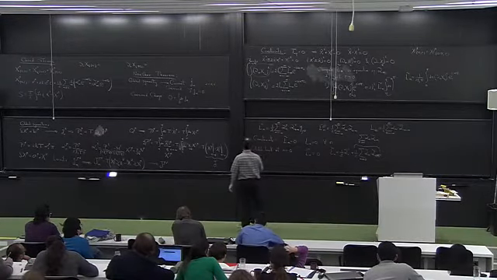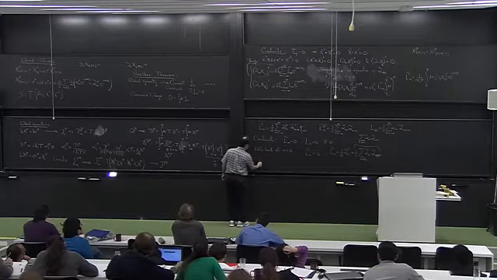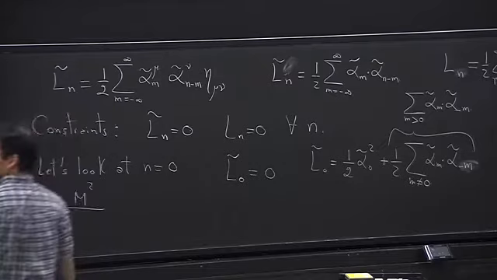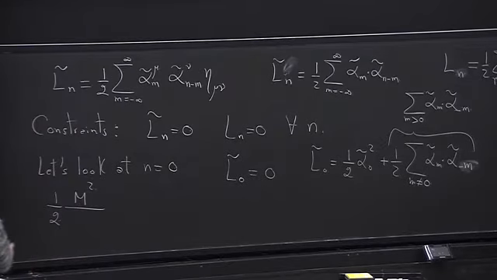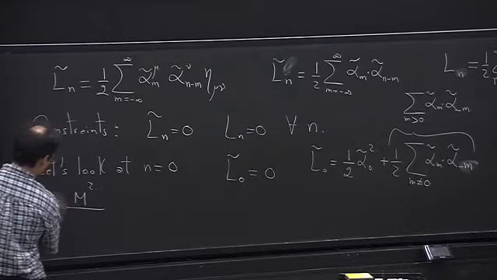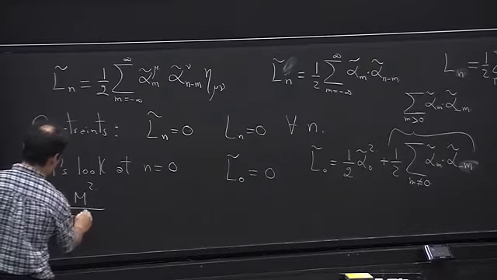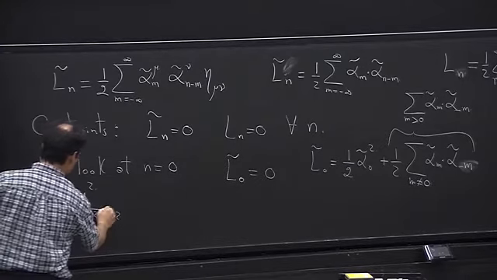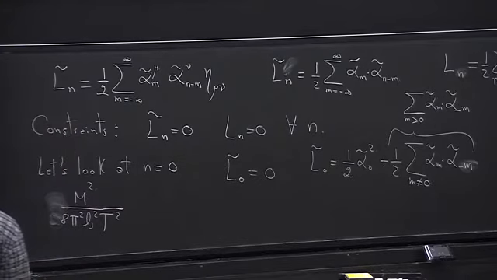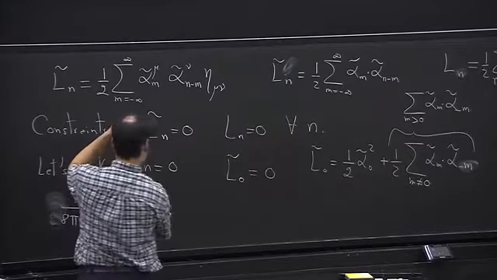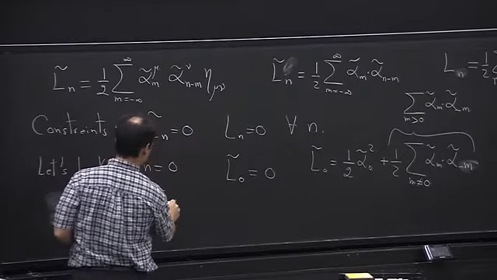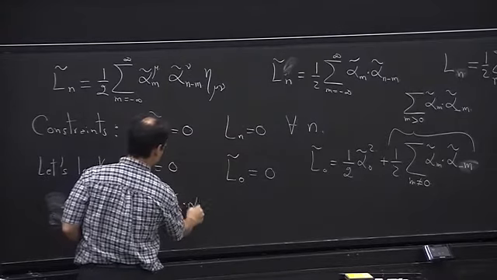And therefore, we learn that 1/2 m squared divided by, so with the half, we'll actually get a pi squared, L string squared, times the tension squared, is equal to the sum over the positive m's.